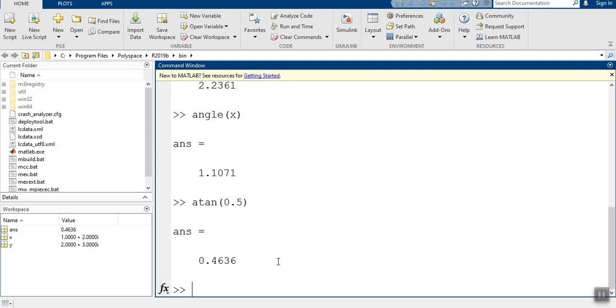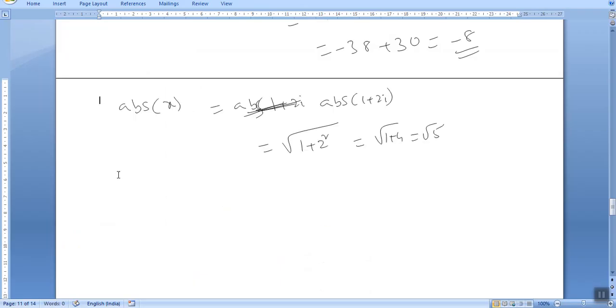Angle is another function in complex variables. Angle of x is angle of 1 plus 2i, which is tan inverse 2 by 1.